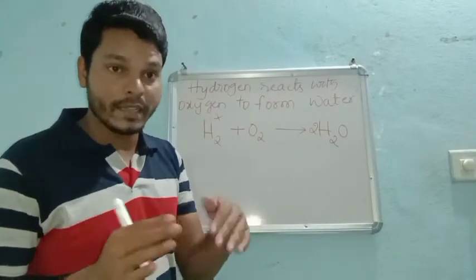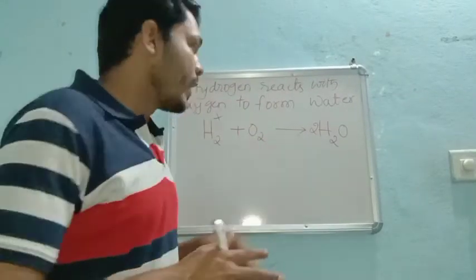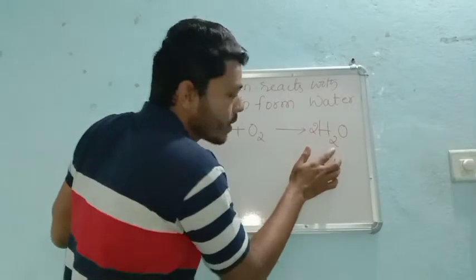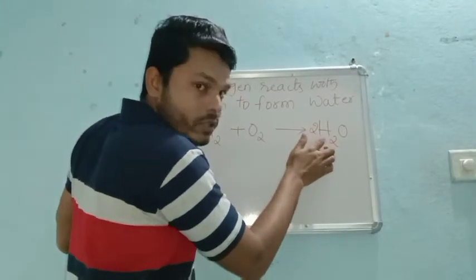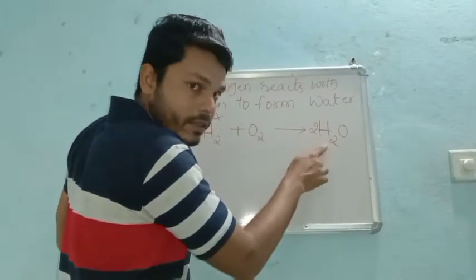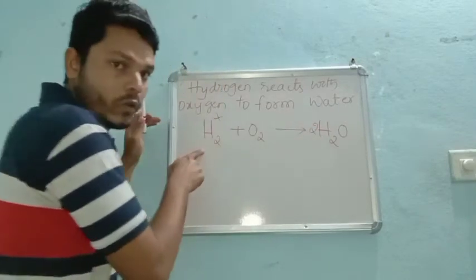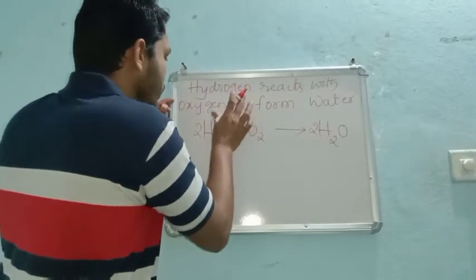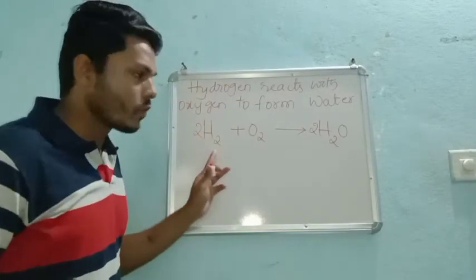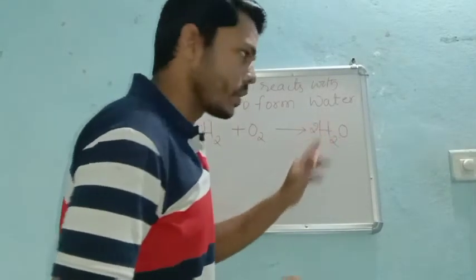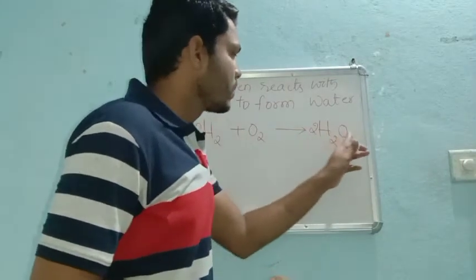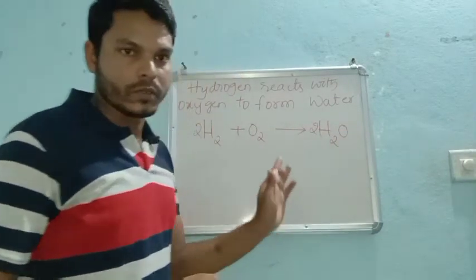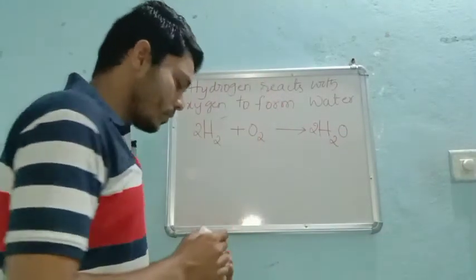That's why I said these are very tricky. Now see, 2 2s are 4. How many hydrogens are present at the product side? 4. Here only 2. So what I need to do is multiply with 2. Now 2 2s are 4, 4 hydrogen. And 2 into 1, 2 oxygen. So this equation is also balanced.